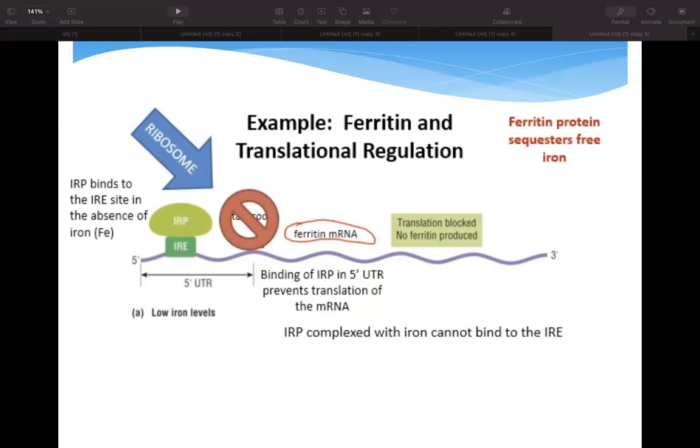In the absence of iron, this causes inhibition of the ribosome, where it binds to the iron response protein in the 5' UTR. This prevents the translation of mRNA. Thus, there is no production of ferritin.